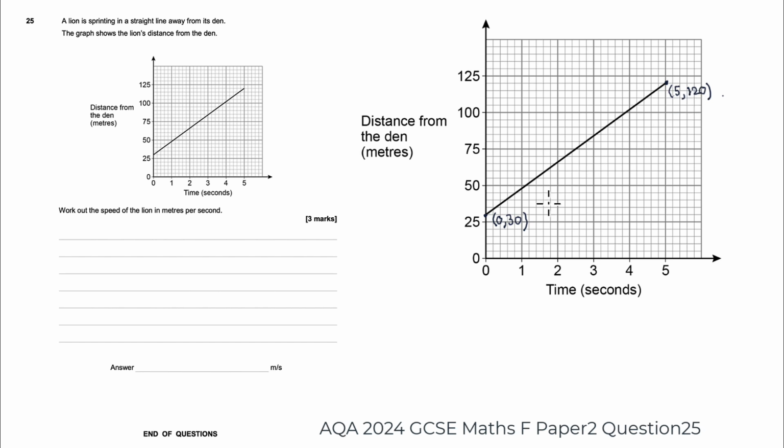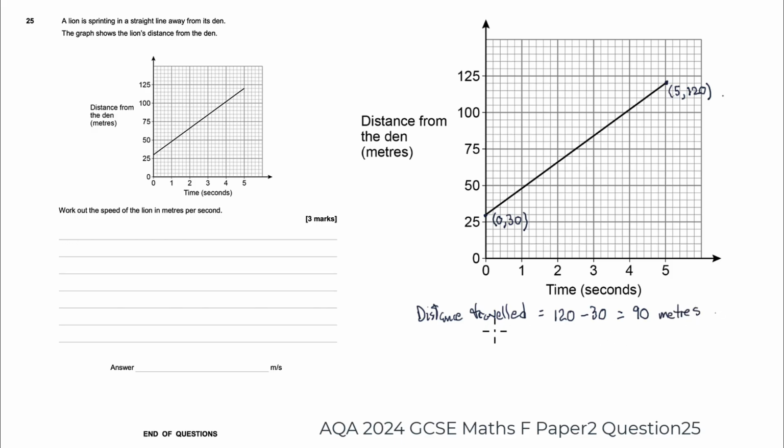But remember, it started 30 metres away from the den. So how far has it travelled? Going from 30 metres to 120, for distance travelled you would take one from the other. It's 120 minus 30. Now remember, you do have your calculator, so that could be worked out if you're not sure. That's 90 metres.